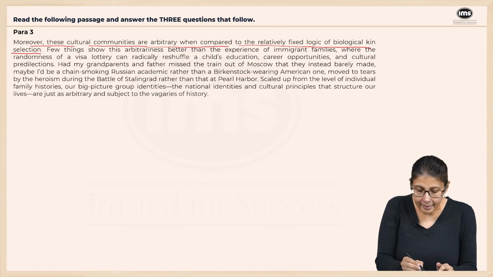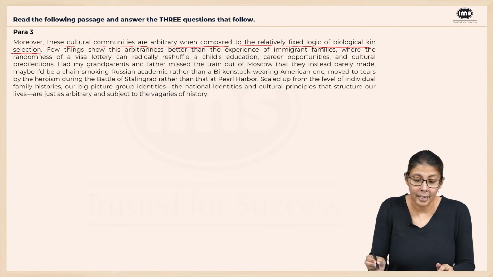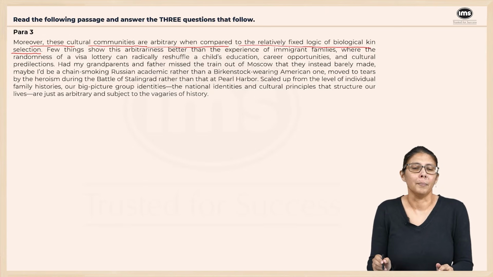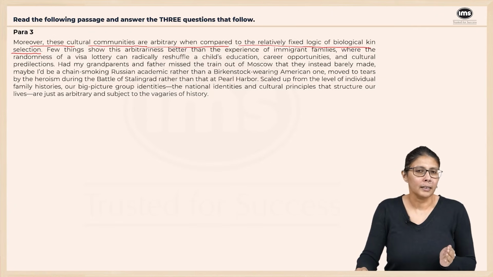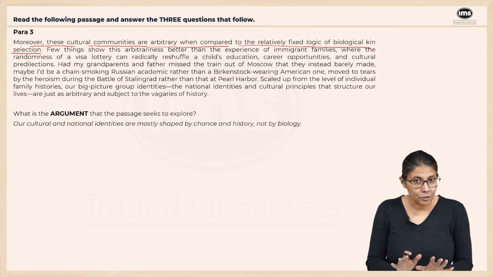So here it says, had my grandparents and father missed the train out of Moscow that they instead barely made, maybe I would be a chain-smoking Russian academic rather than a Birkenstock-wearing American one. So ultimately, in this paragraph, we are trying to say that our cultural and national identities are shaped by chance and history, not by biology.